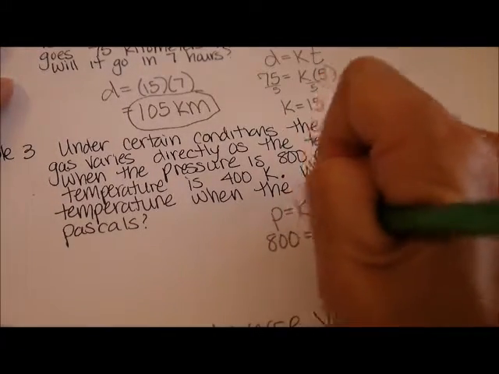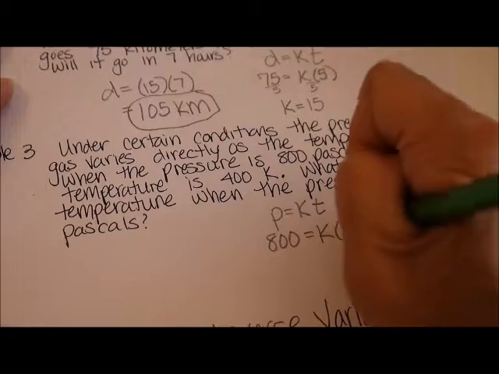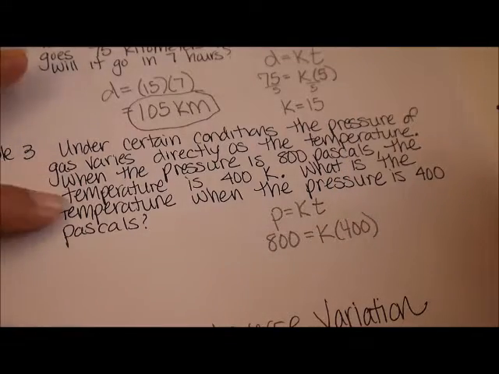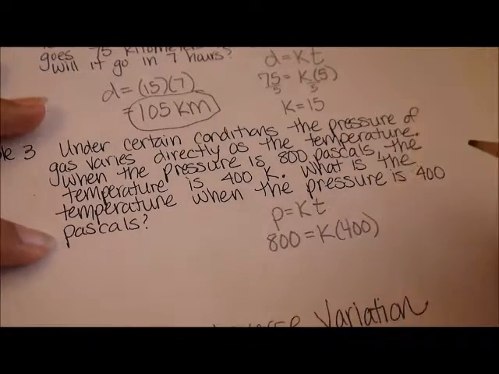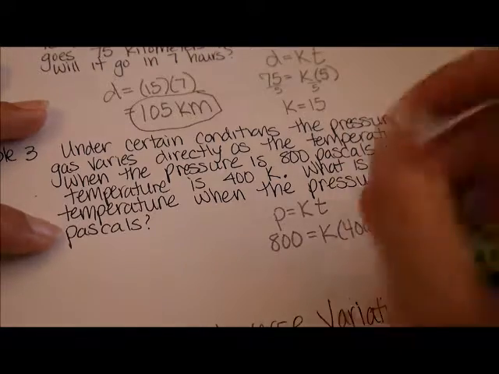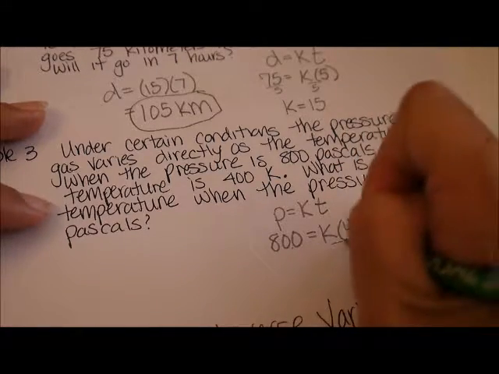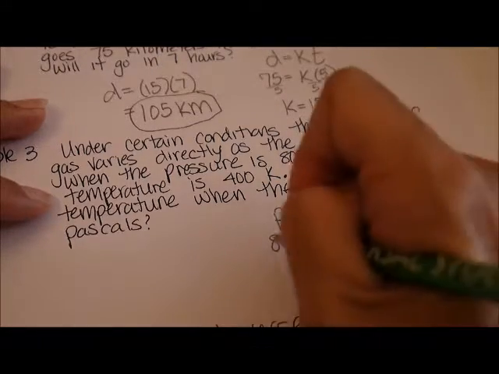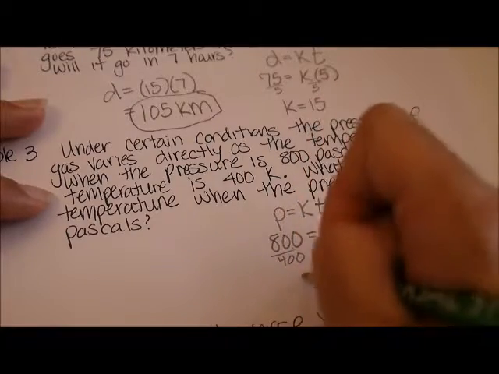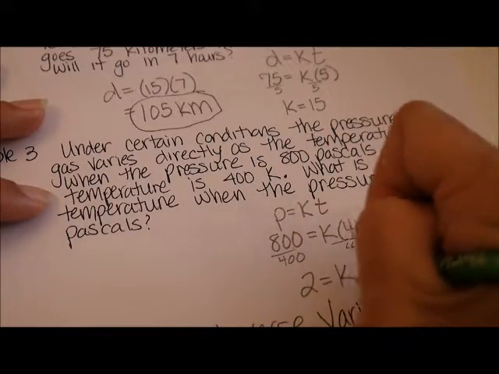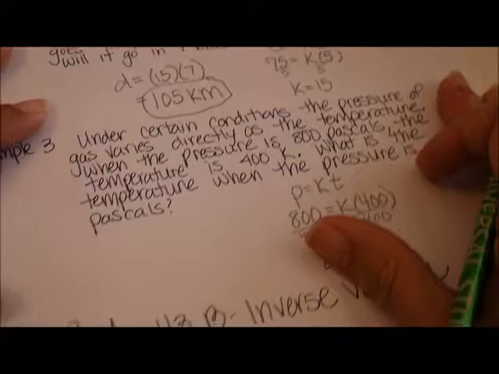Okay, so K times 400. What is the temperature when the pressure is 400? So first we got to find our K. Well, if we divide, we get 2. So our constant is 2.